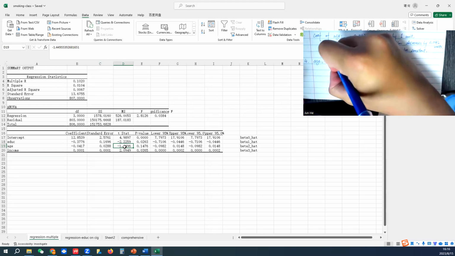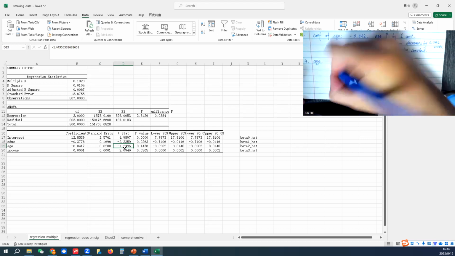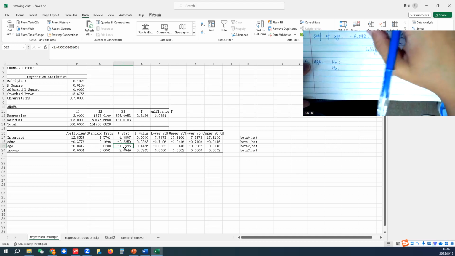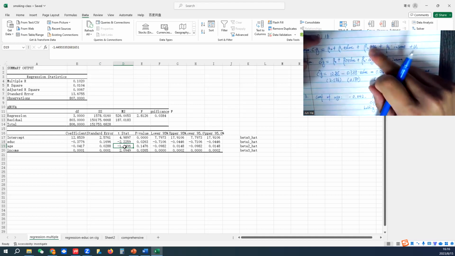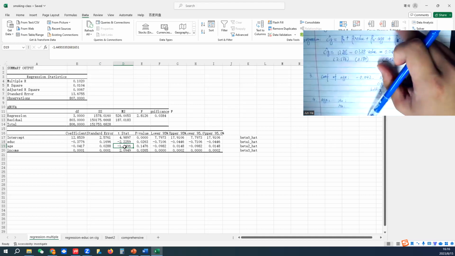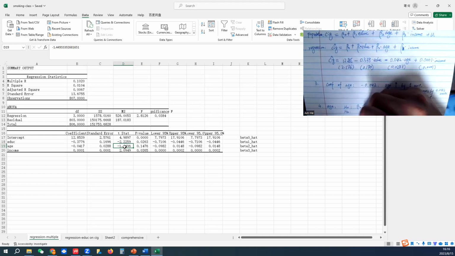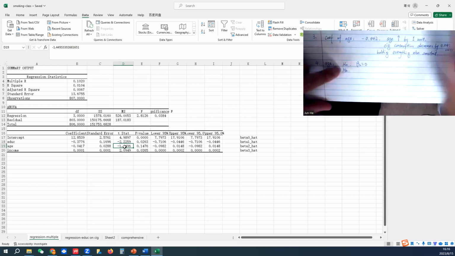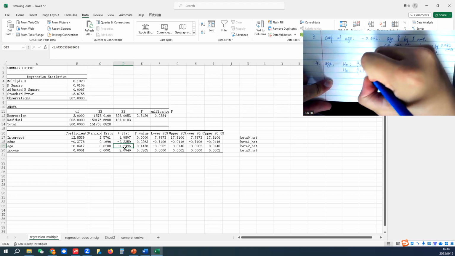So first, let's construct the hypothesis. H0 is that age has no impact on consumption, and you're always hypothesizing on the population. Okay, so you're guessing beta 2 equal to 0. That's what you guess. Okay, and the alternative is beta 2 is not equal to 0.